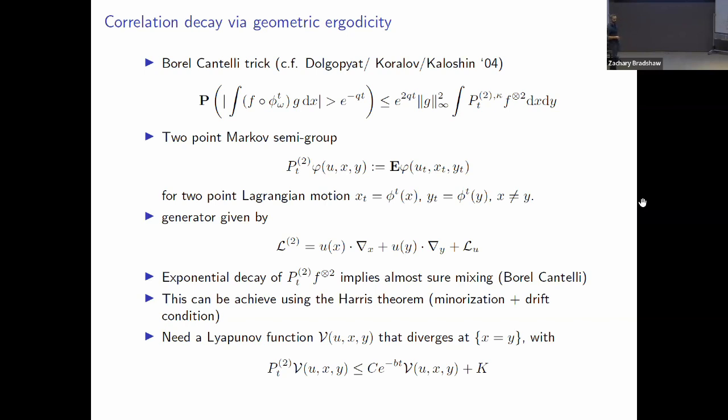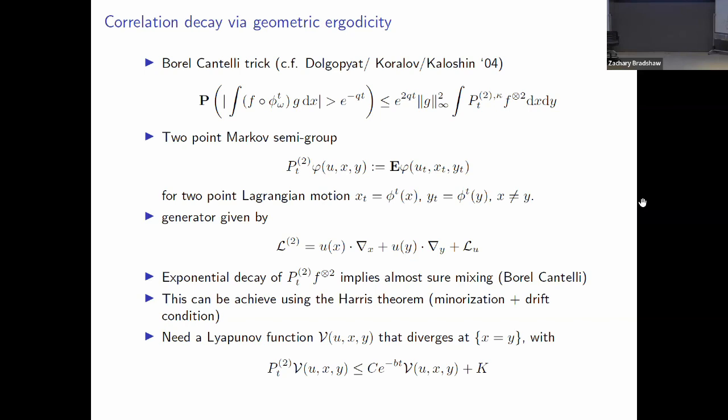And so what this roughly tells us is that almost sure correlation decay is related to averaged decay of this 2-point Markov process. I take 2 particles and so I look at this u, x, and t. There's a natural semigroup associated with it acting on functionals. And similar to what Christian had said, the generator of this thing can be written exactly as a PDE sort of.